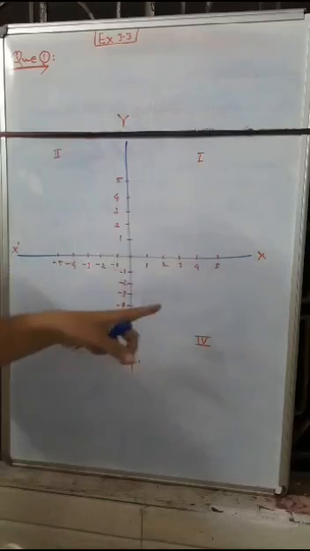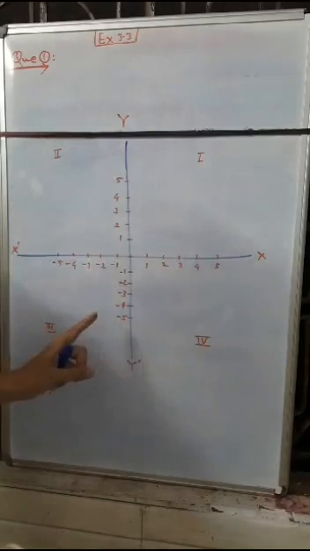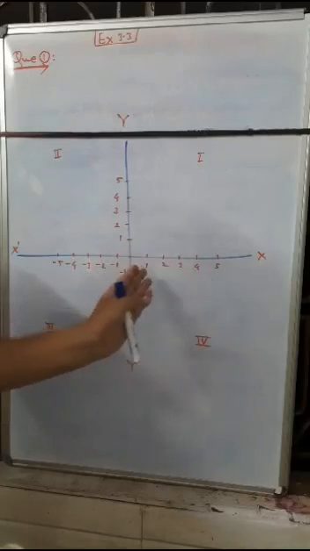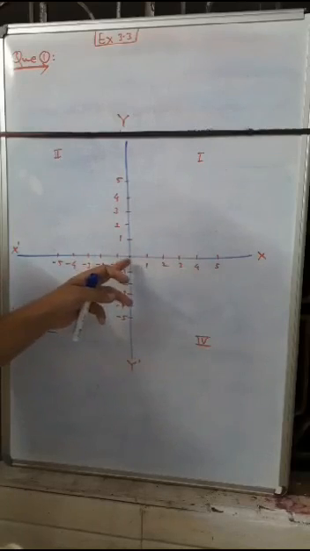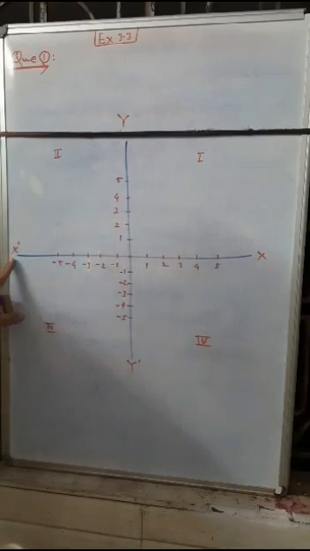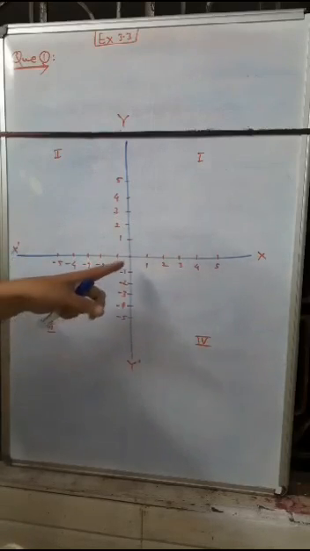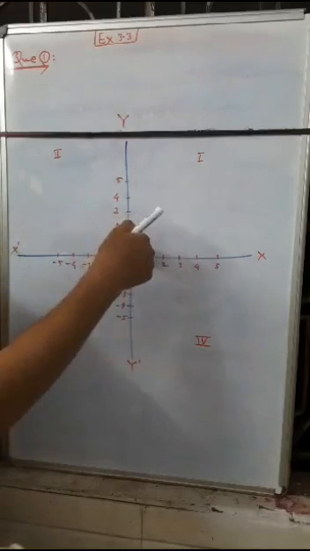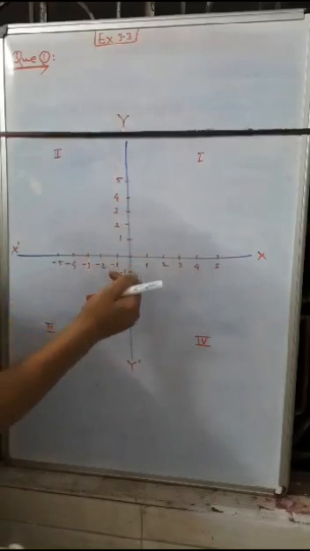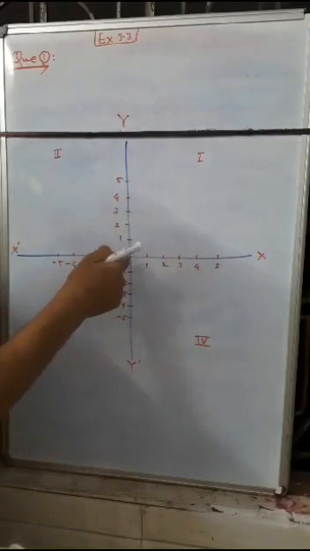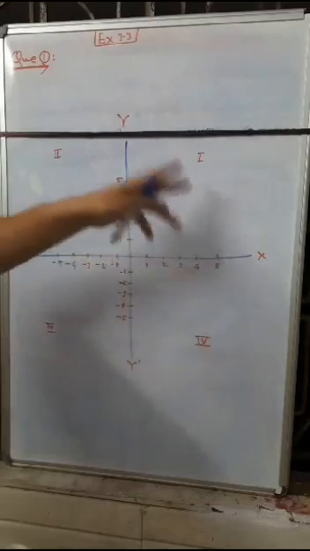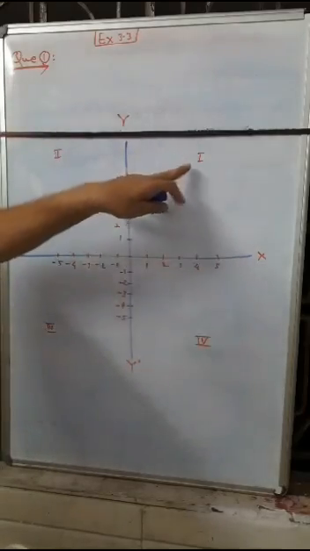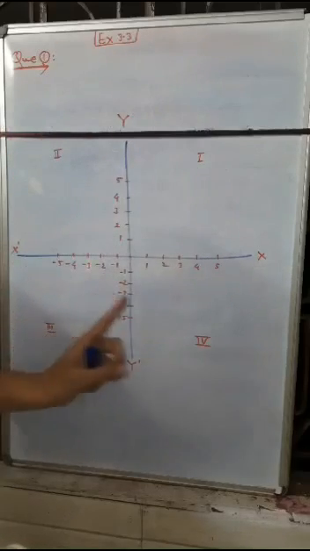There are 2 axes on the Cartesian plane, the x-axis and the y-axis. The x-axis has 2 directions: the positive direction, which is from the origin toward the right-hand side, and the negative direction, from the left-hand side of the origin. From the origin, the upward direction is the positive y-axis, and below the origin is the negative y-axis. So the Cartesian plane is divided into 4 quadrants: first, second, third and fourth.